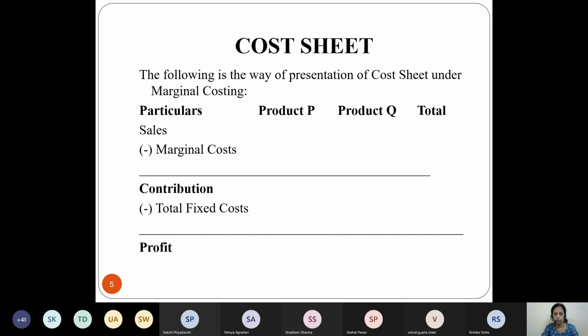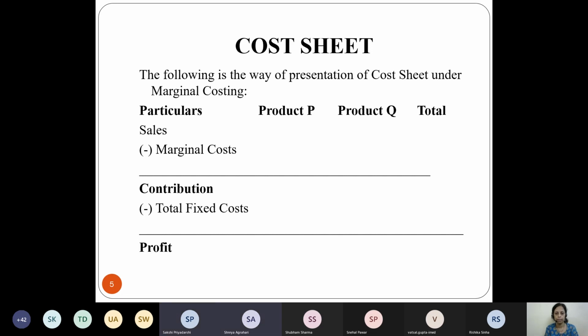You will take total contribution minus total fixed cost is equal to profit. Fixed cost you will not absorb in the cost of products P and Q. Fixed cost is kept aside and it is deducted from total contribution. Have you followed this unique important point of marginal costing?